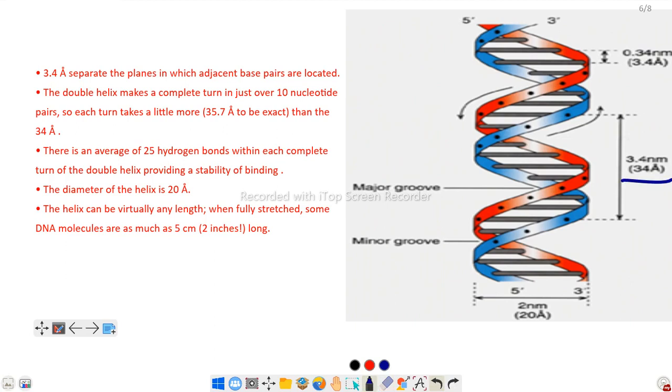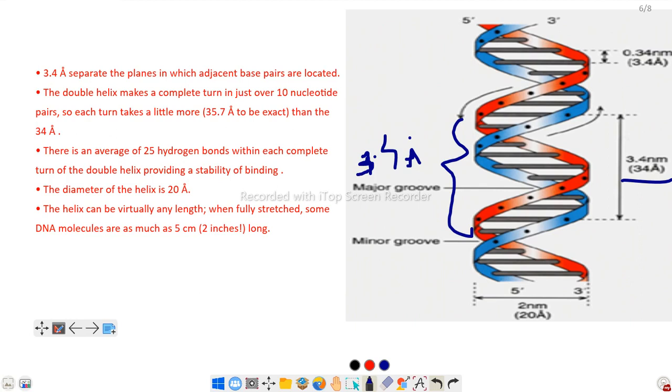The double helix makes a complete turn over 10 nucleotide pairs. That is, each turn contains 10 base pairs at 3.4 angstrom each.